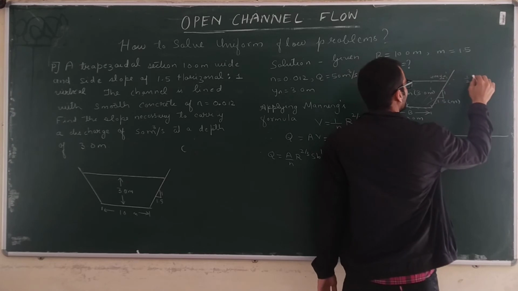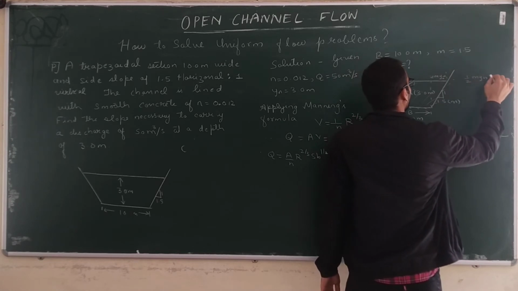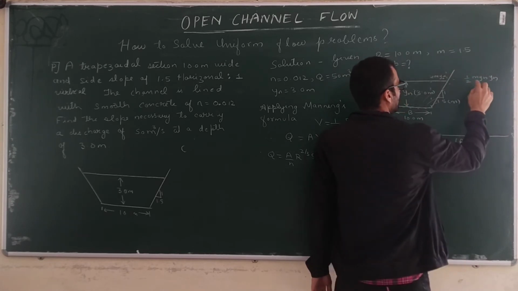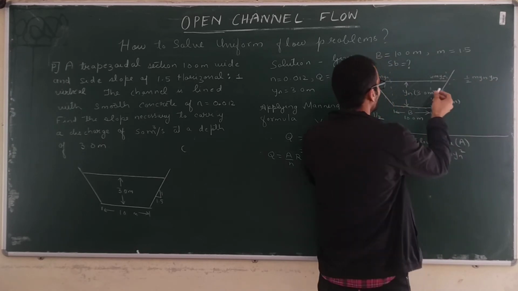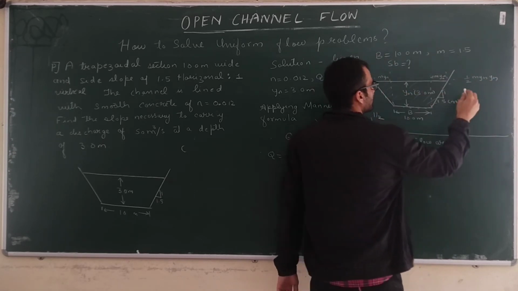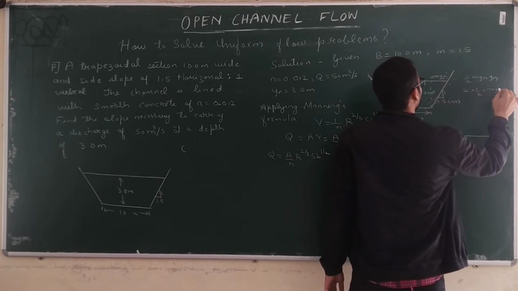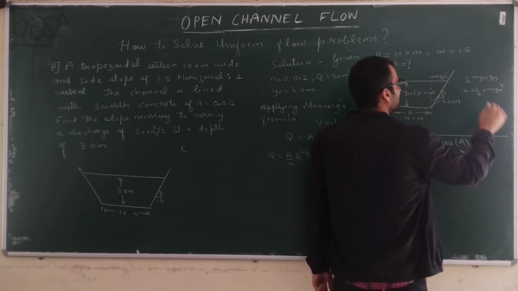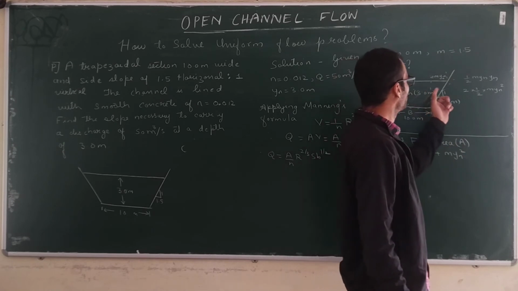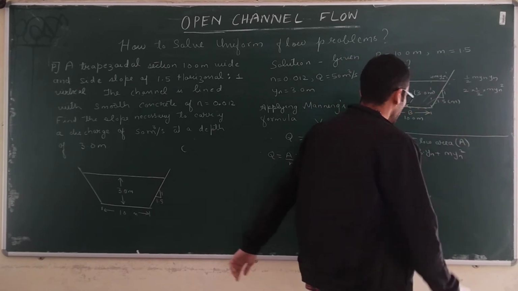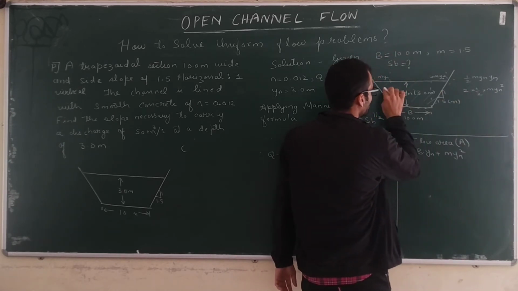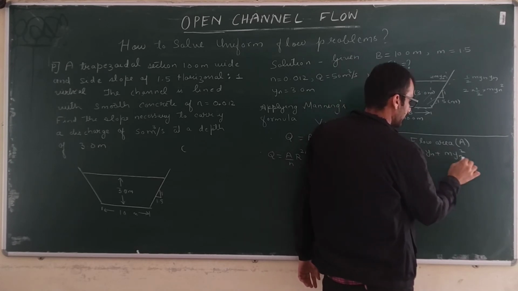Half base is m y_n, and height is y_n, so this will be half m y_n square, and 2 times, because there are 2 triangles, so 2 into 1 by 2 into m y_n square, where this 2 and this 2 get cancelled. Area of these 2 triangles would be m y_n square. So the area of this rectangle plus the area of these 2 triangles is B y_n plus m y_n square.